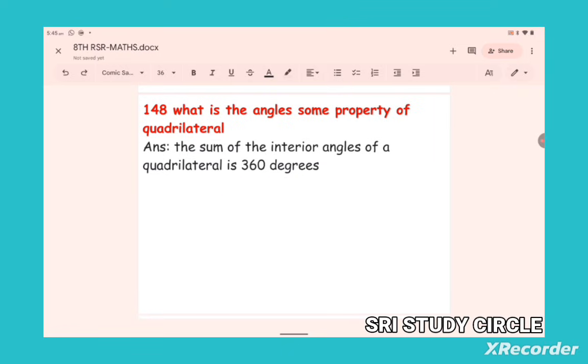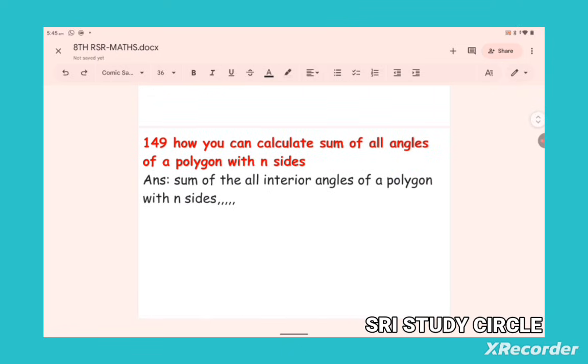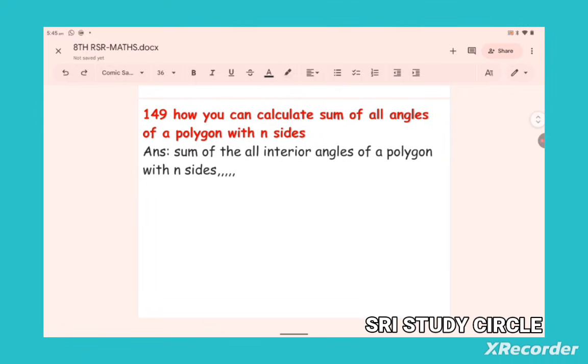Now next question. How can you calculate the sum of all angles of a polygon with n sides?